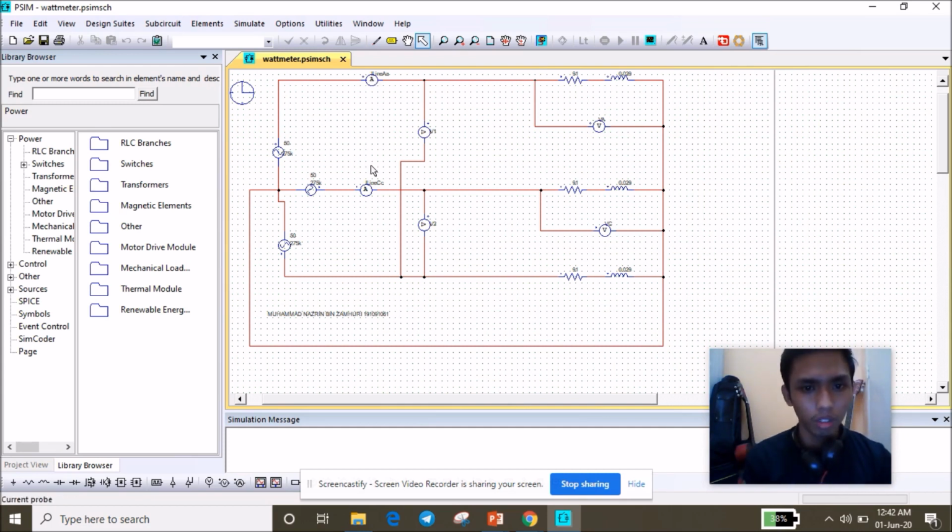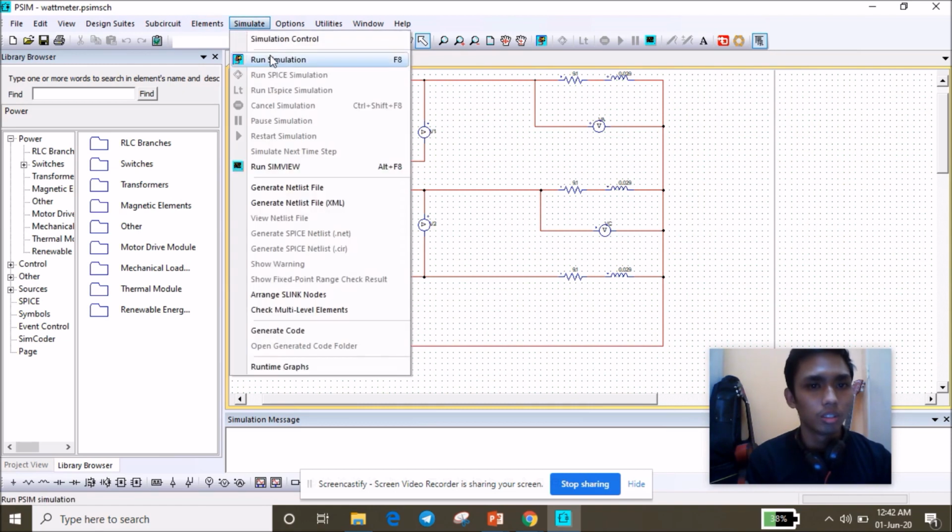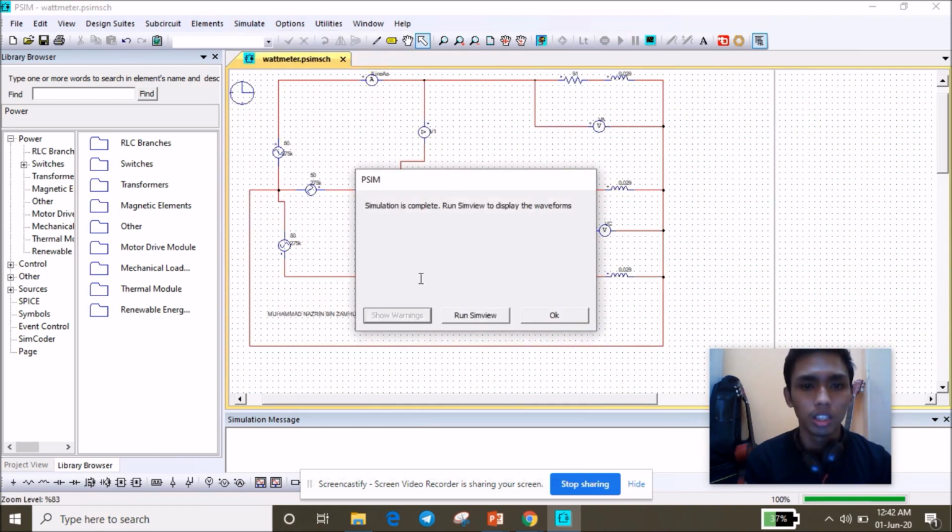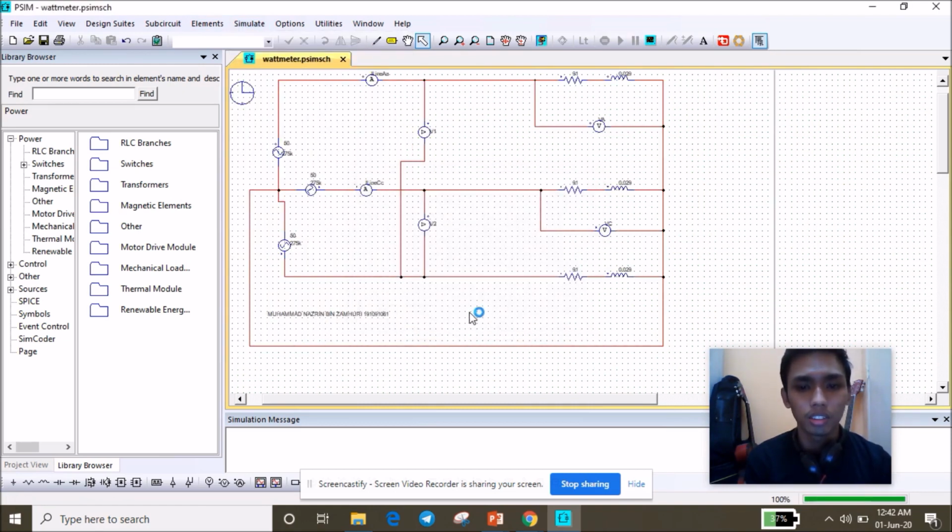And okay, this is the example of the connections for the 2 watt meter method. Just take the ammeter and voltmeter, just stepping from phase A to phase B and phase C to phase B. Okay, we just want to run the simulation to see the value of line current.